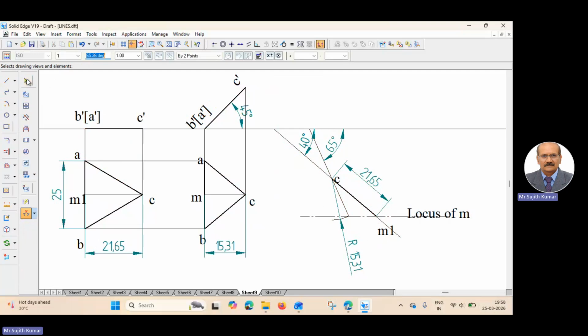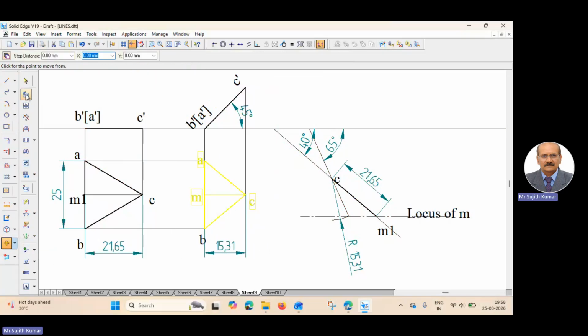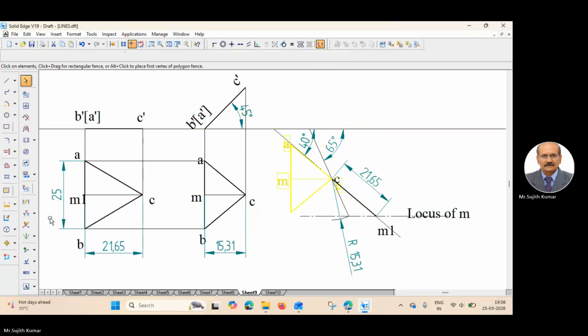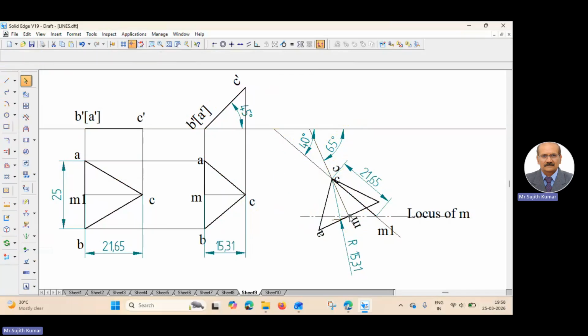Now select this triangle, move the triangle with copy on, move from the point C and keep it on C. Then rotate: C is the center of rotation, M is the point to rotate from. Rotate it and keep it on the tip of the arc. You can see the endpoint symbol when you reach the tip of the arc. When you get it, click there.